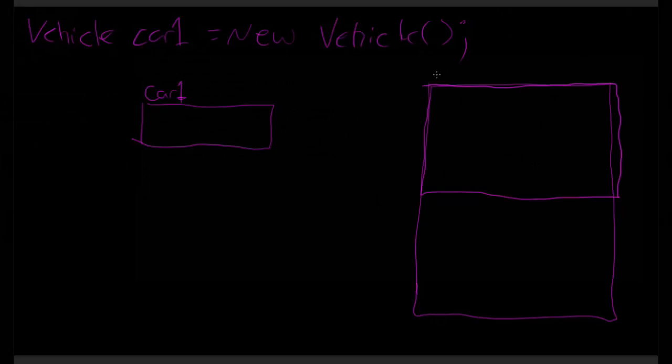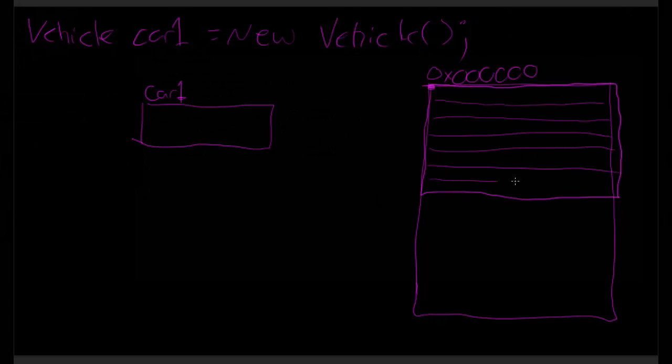For the sake of simplicity, we'll say this is 0x000000. That is this location right here in the memory. We could imagine these are your little bits.